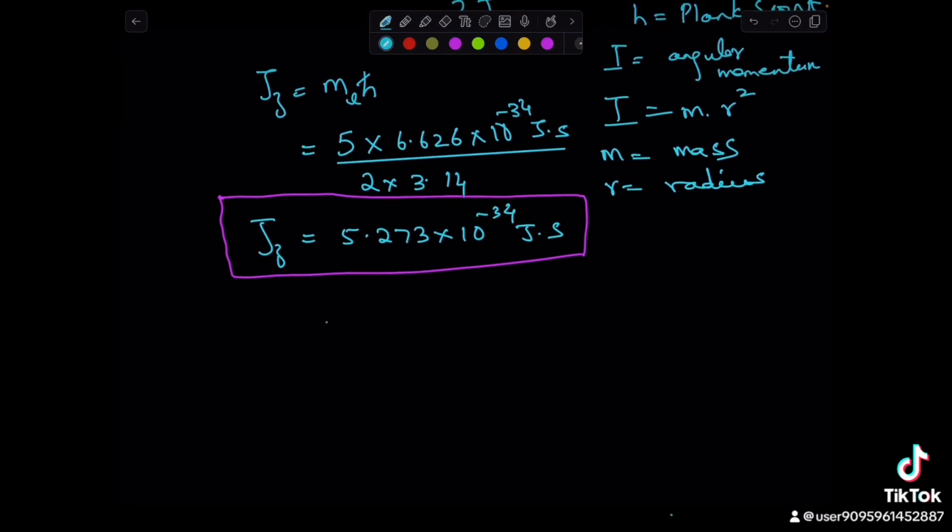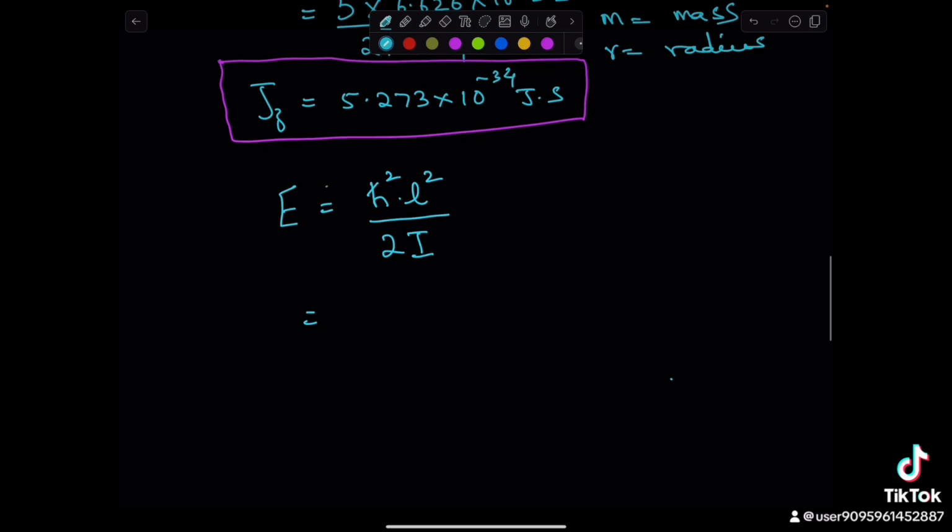The energy of the electron in the highest occupied level would be E is given by ħ squared m_l squared by 2I.